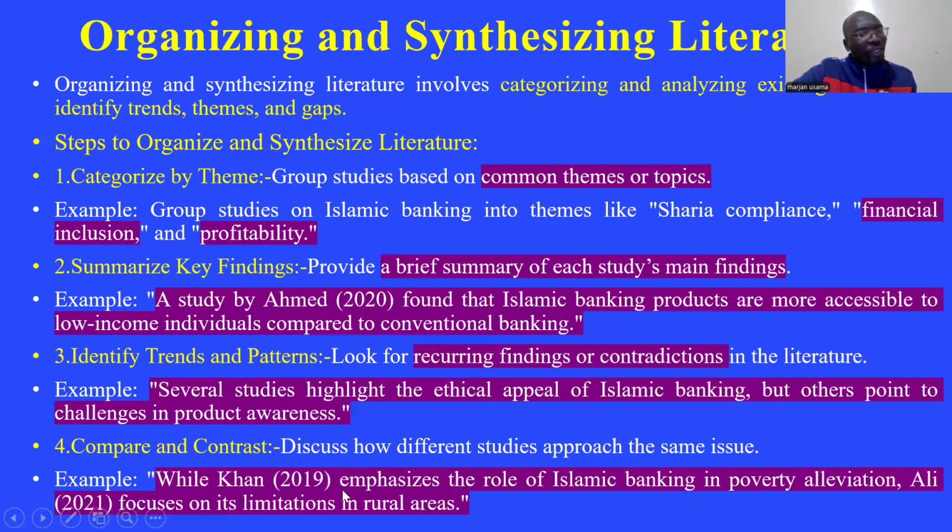While Khan 2019 emphasizes the role of Islamic banking in poverty alleviation, Ali 2021 focuses on its limitation in rural areas. So if this is how you're going to write your research, then it is research that can even be published in international journals.